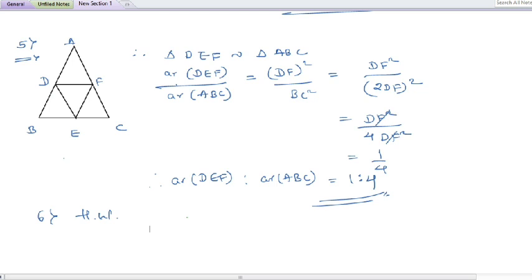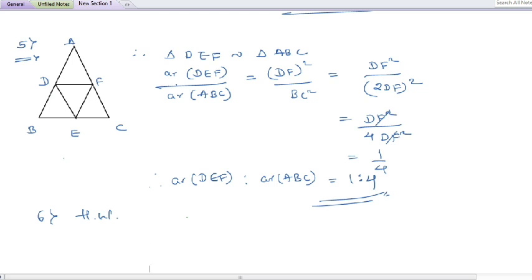DF square as it is. BC can be written as 2 times DF, because it is twice DF. So, you can write DF square by 4 DF square. DF square cancels. What you will get? 1 by 4. So, what is the ratio here? 1:4.